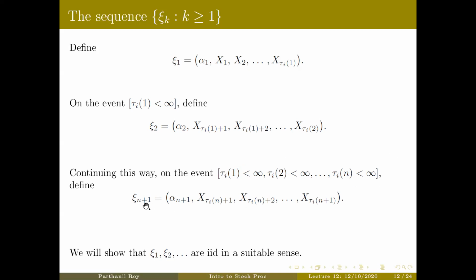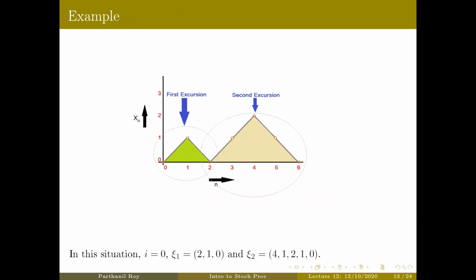The n plus 1th component is well defined provided the first n return times are finite. Right? So therefore we have to make that more precise. Anyway, before making it precise, let's go back to our example and see what this sequence is going to give us. So in our situation, I was 0.